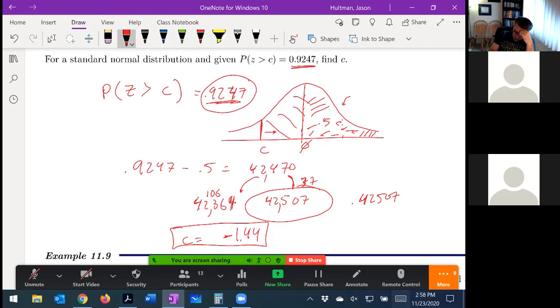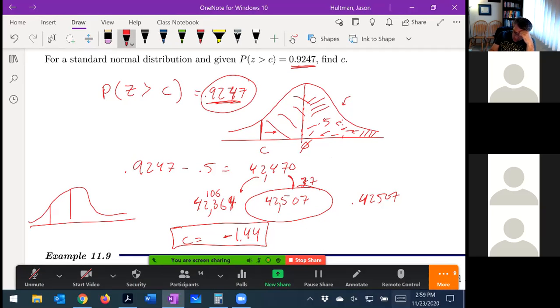So if I sum this all up and want to check this, I would say, well, what's the z-score at negative 1.44? That would be my table value for 1.44, which was 0.42507.